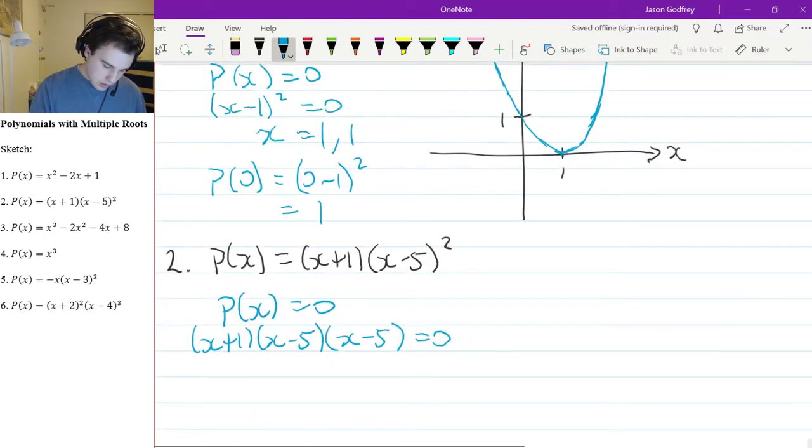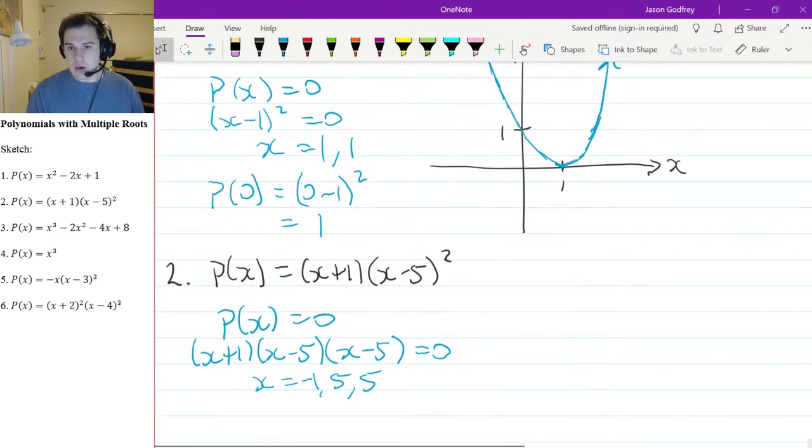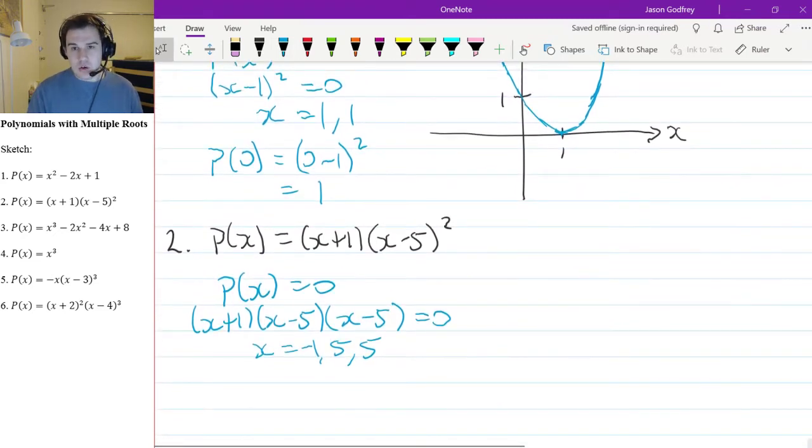So the roots are when this equals 0: when x equals negative 1, when x equals 5, and again when x equals 5. Maybe writing it out twice might get in your head, oh, it's a double root, so it's going to do the bounce off, right? Either way is fine. You can write it once, or you can write it twice, but look at where that power is, okay?